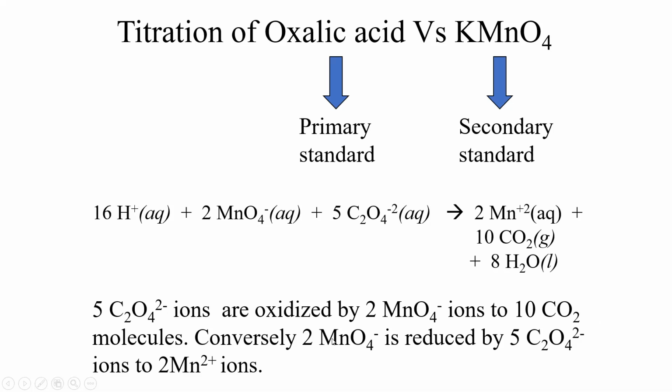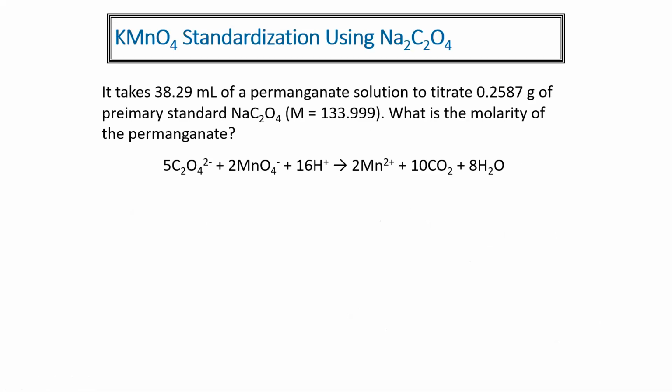You also balance the electrons and you get this final equation. From this equation, we can see that we need 5 moles of oxalate to oxidize 2 moles of KMnO4. So we can now work out the molarity of KMnO4 that we have prepared.